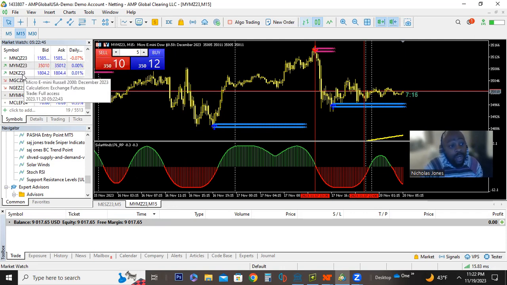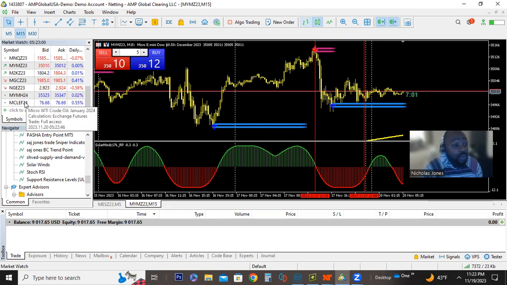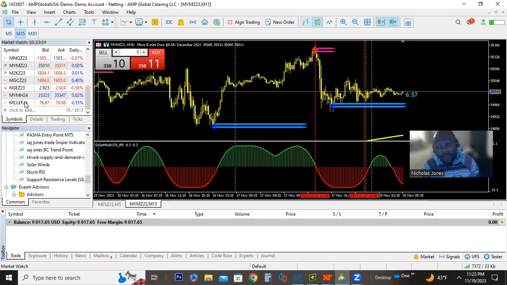You can also trade oil, the Russell. I'm not really sure what Russell is, but you can trade gold, and all these things are micro contracts. You can trade gas, and crude oil, and things like that. So I like to trade these particular things.